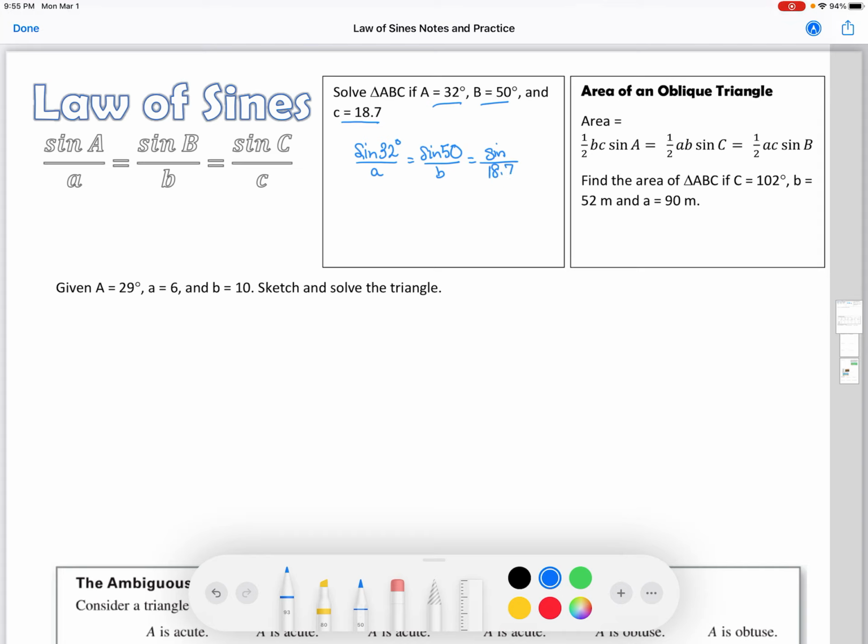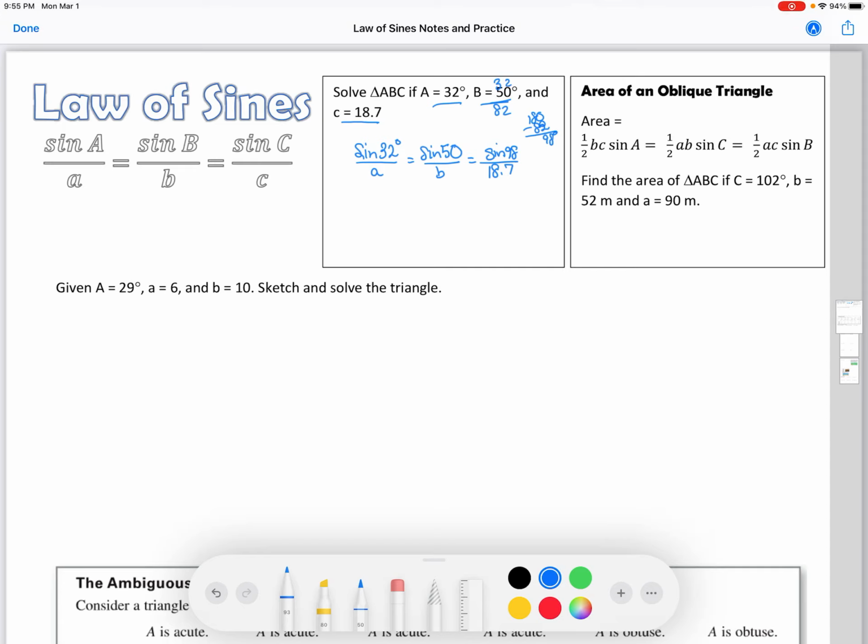So we need to know that third angle. And we add 32 and 50 and we get 82, so 180 minus 82 will be 98 degrees. So the sine of 98 over 18.7.